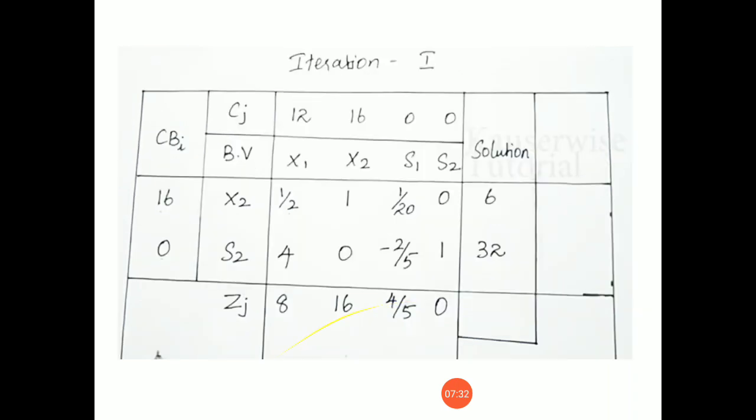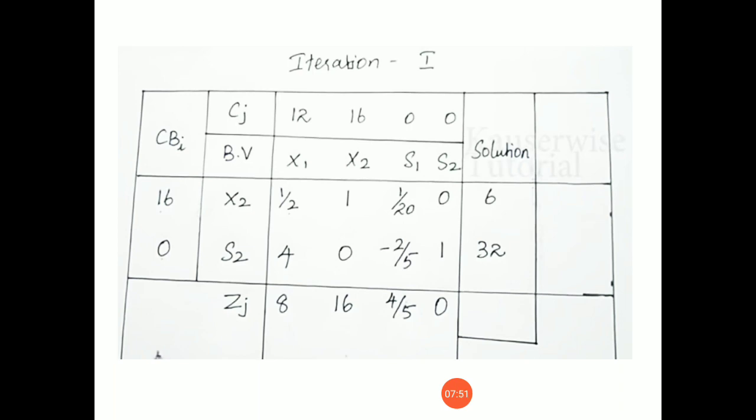Next step is to find Zj. Again the same technique that you used in the initial simplex table for finding the Zj, you will be using here also. So Zj, as I told you, is the summation of Cbi into Aij.